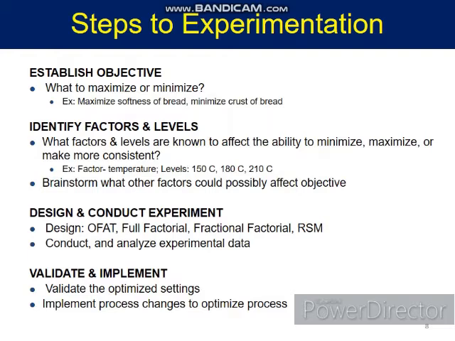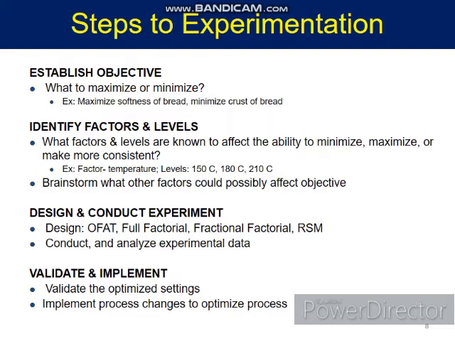For example, the example that we talked about just now about baking bread, right? So maybe you want to maximize the softness of the bread, or you want to minimize the crust of the bread. So whatever experimentation you do, you have to be very clear in terms of objective. And usually the objective is either you want to minimize something or maximize something.